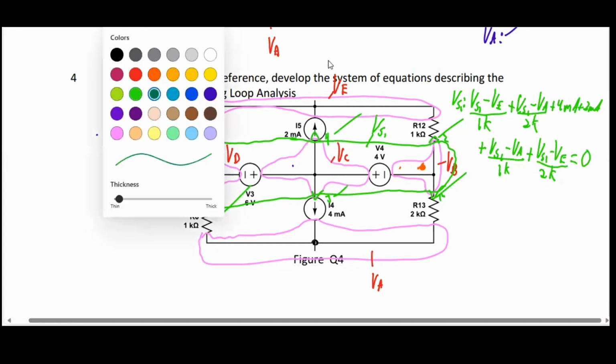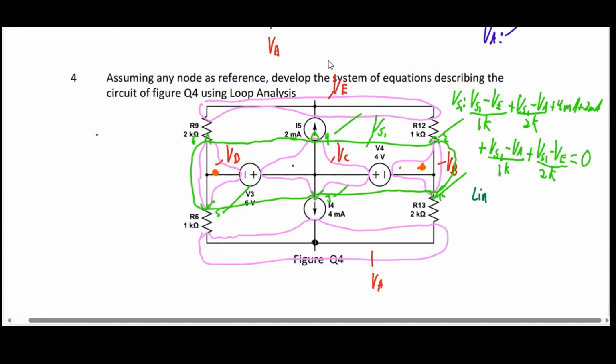We have to write the link equation for the supernode. The link equation for the supernode, it doesn't matter where I start. I'm going to start with VD. So there's our voltage rise: plus 6, then plus VC.